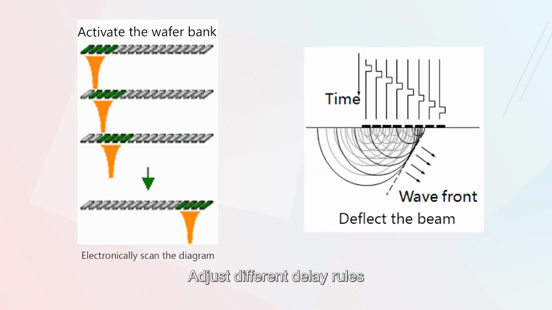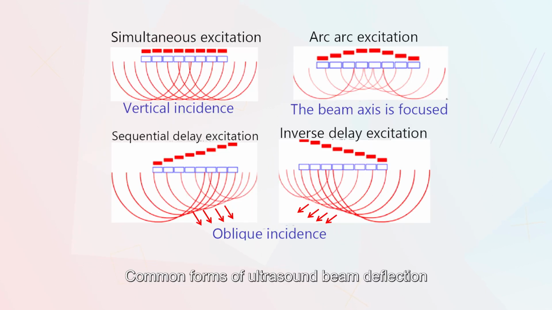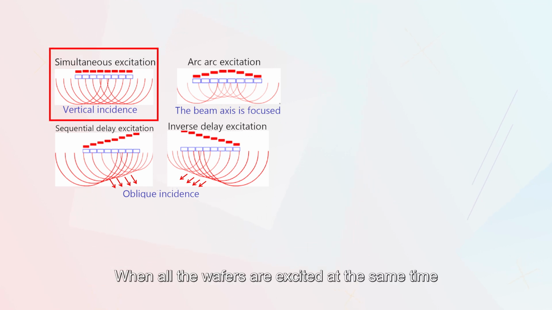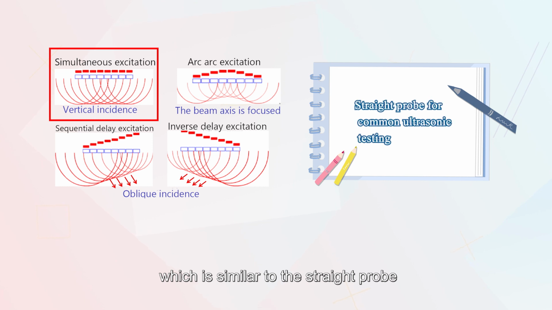Adjust different delay rules to achieve ultrasonic beam deflection or focusing. Common forms of ultrasonic beam deflection or focusing are shown in the figure. When all the wafers are excited at the same time, a zero-angle ultrasonic signal is generated and enters the workpiece at vertical incidence, which is similar to the straight probe of ordinary ultrasonic testing.